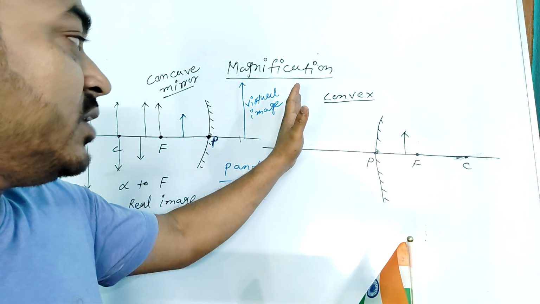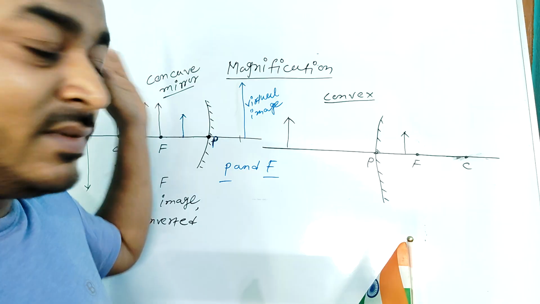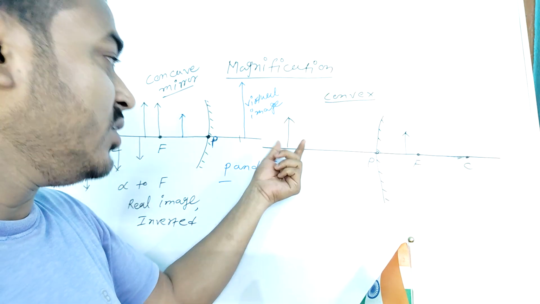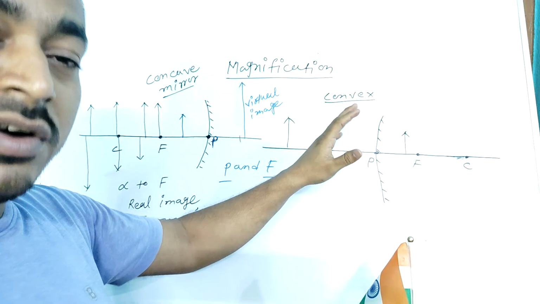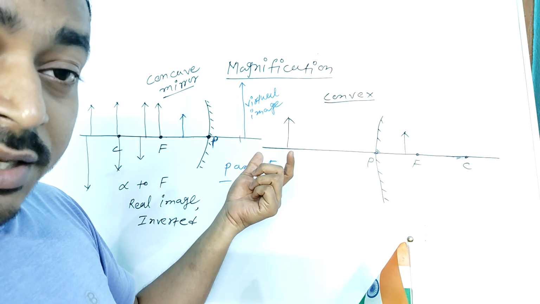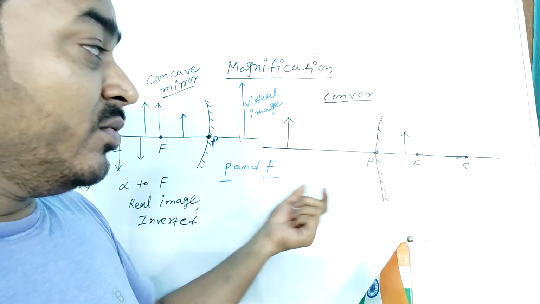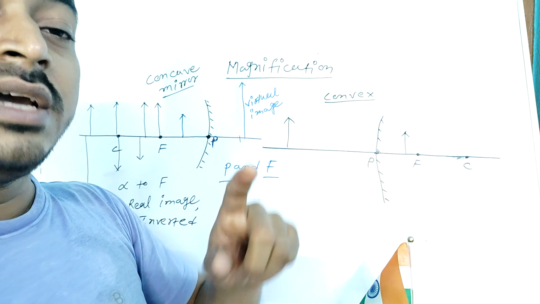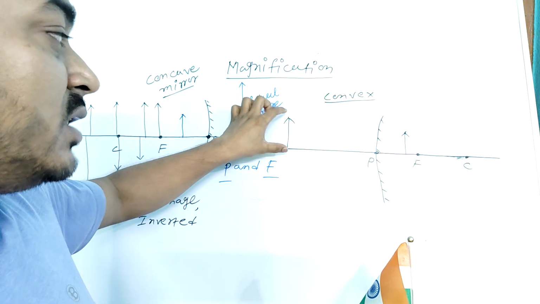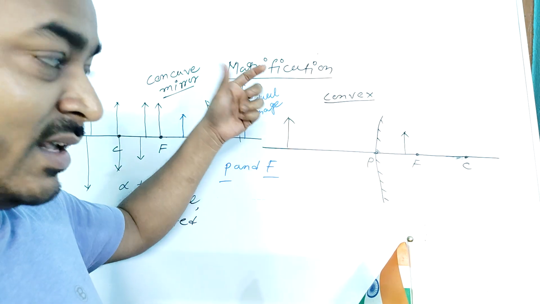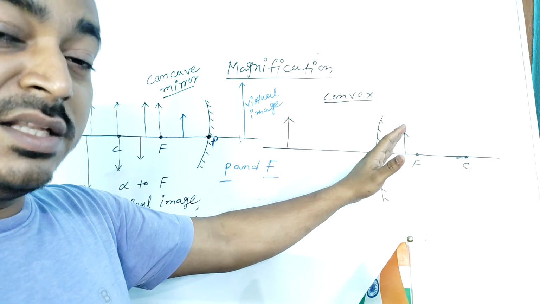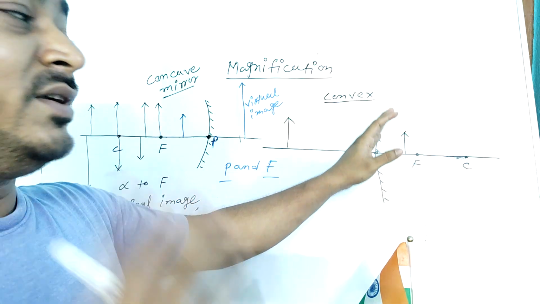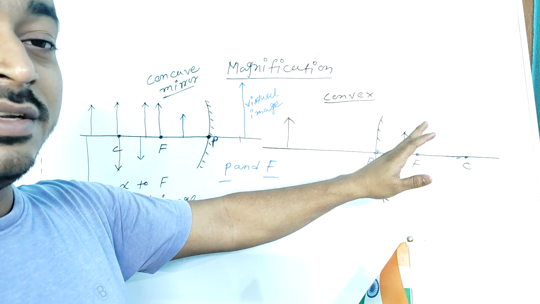Now come to the convex mirror. If I place one object at infinity, or very near to the mirror, at any point on the principal axis in front of the mirror, then we get only one type of image. It is smaller than the object, and it is forming behind the mirror. So always it is behind the mirror.